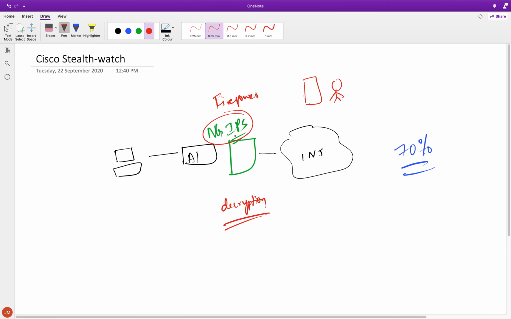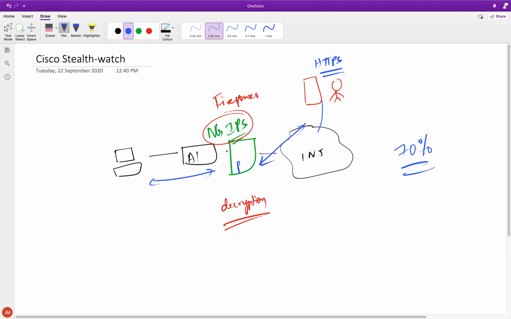Which means how it works is, imagine you're trying to access some HTTPS website or web server sitting somewhere outside on the internet. When you're trying to access it, this NG-IPS will act as a proxy. It will break the SSL connection right over here, act as a proxy, and send the traffic outside, and similarly in the reverse direction.